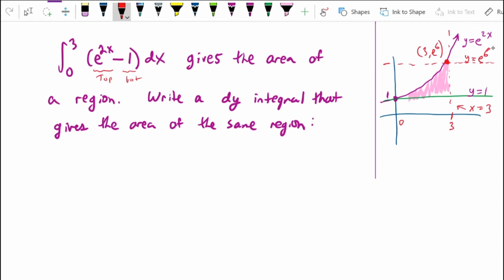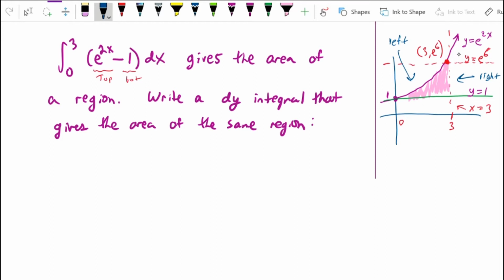Okay, so let's put in the left and right boundaries. What you can see is that this is going to be the right boundary. That's the purple curve. The line x equals 3 gives you the right boundary, and the purple curve gives you the left boundary. As we know from the previous example, we're eventually going to have to solve for x in terms of y, so that we can rewrite that purple curve as a function of y.